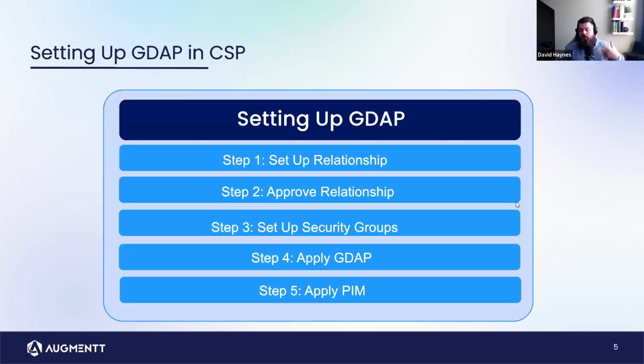So we're going to go through the five things for setting up GDAP. I'm going to start off with a couple tools that Augmentt started building, and we're going to continue to iterate on them to make this whole process much easier and more straightforward. But setting up a relationship, approving it, managing security groups, applying GDAP in that regard, and then using PIM to manage it, and how that ties into your workflow as an MSP.